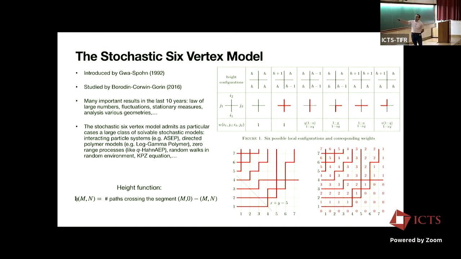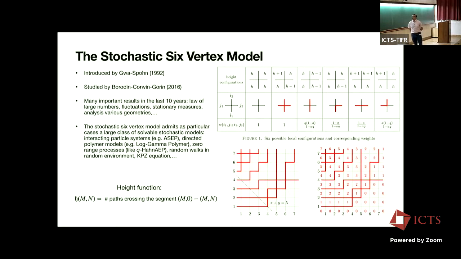In the last 10 years, many results have been achieved. For example, the law of large numbers, fluctuations, and stationary measures have been studied and are actually a current object of study, for example in various geometries, when you vary the nature of the lattice: maybe you take a cylindrical lattice, maybe a lattice which has boundaries, like discussed earlier by Tomohiro.